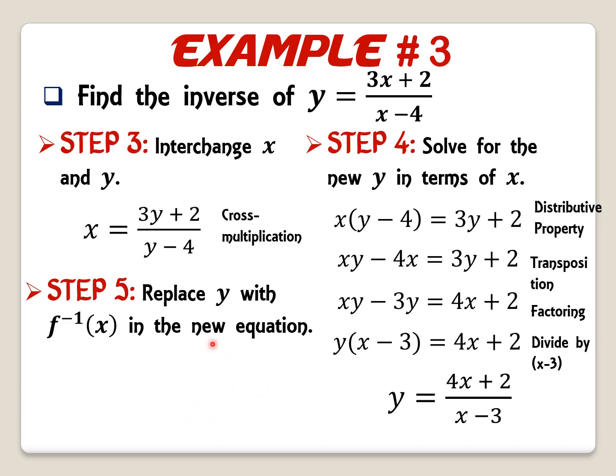So this will be your final answer. The inverse function of y is equal to 3x plus 2 over x minus 4 is 4x plus 2 over x minus 3. So just follow the steps, the 5 steps. Sometimes you will skip step 1 and 2 and you can proceed with step 3 until step number 5.